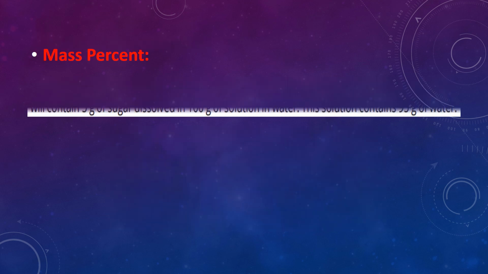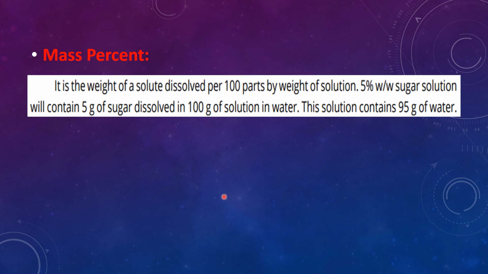First one is the mass percent. It is the weight of the solute dissolved per 100 parts by weight of the solution. So solute is taken in the form of weight, and the solution will also be taken in the form of weight.